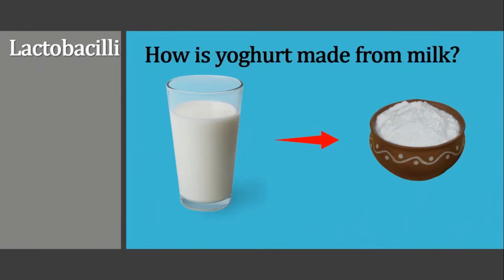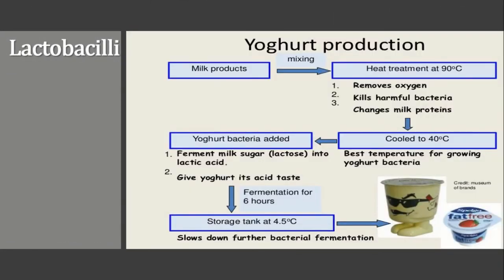How is yogurt made from milk? As you all can see the steps, milk is first heated, which kills harmful bacteria, removes oxygen, and changes milk proteins. Then, the milk is cooled to 40 degrees Celsius, which is the best temperature for growing yogurt bacteria.